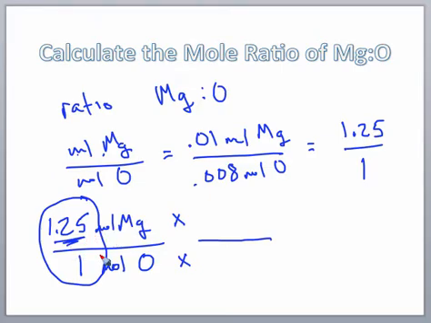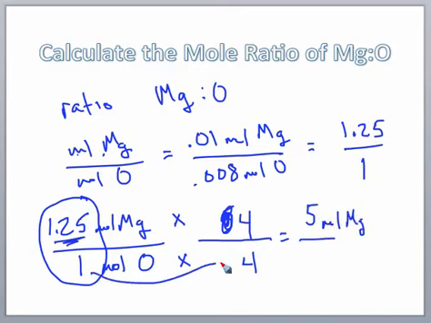If you try 2, that won't work. 3 won't work. But what you'll notice is 4 times 1.25 is 5. So times 4 is going to give me 5 moles of magnesium. 1 times 4, 4 moles of oxygen.